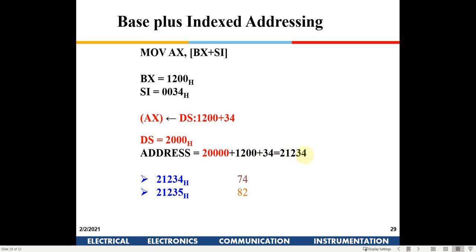So this will be the actual physical address. And in this physical address, if this is the data, 74 and 82, which is already stored, when we move the data, 82 will come here and 74 will come here into AX. So this is the lesser significant bits, and this is the higher significant bits. So this is how finally it would happen.